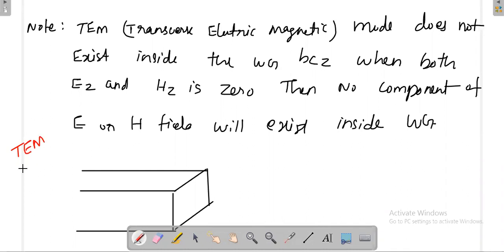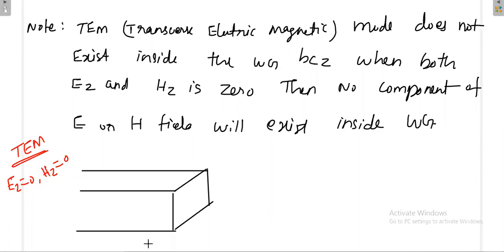If you want to have TEM mode, it is very clear: Ez has to be 0, then Hz has to be 0. This is our direction of Z. This is my z-cap direction. In this direction I am moving.